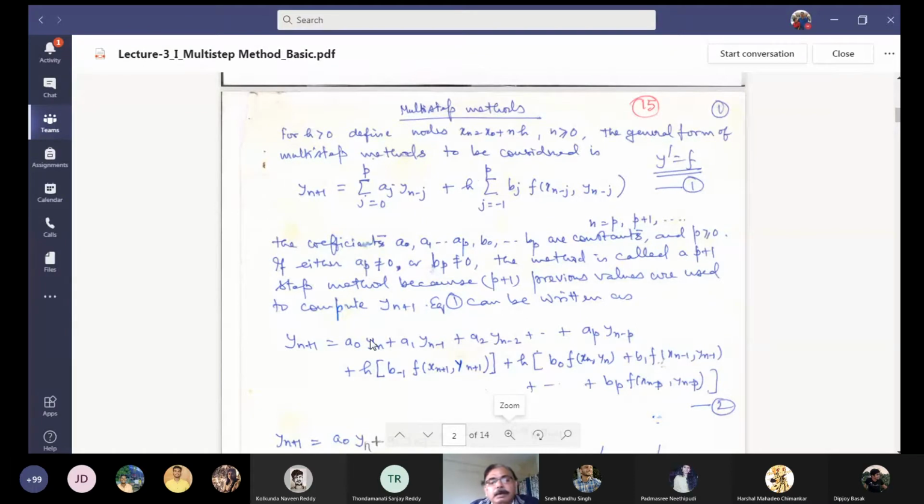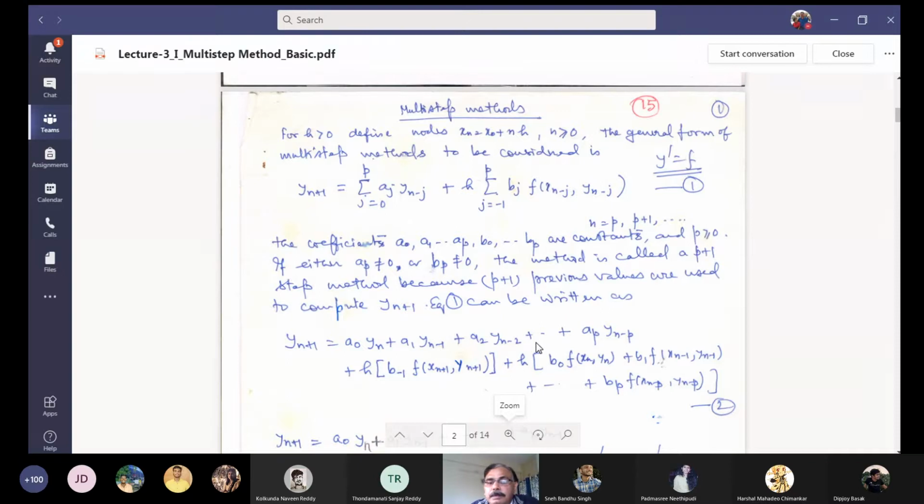So how many initial values do you have to calculate? From n minus 0 to n minus p. How many? p plus 1. Right? This is a p plus 1 multi-step method. To get y_{n+1}, you use p plus 1 previous values.